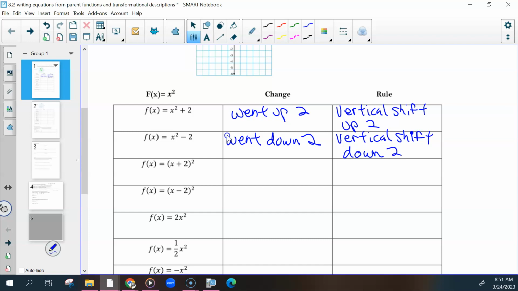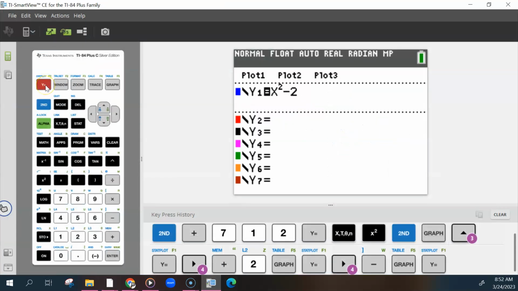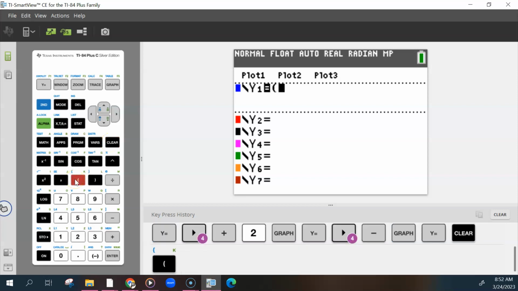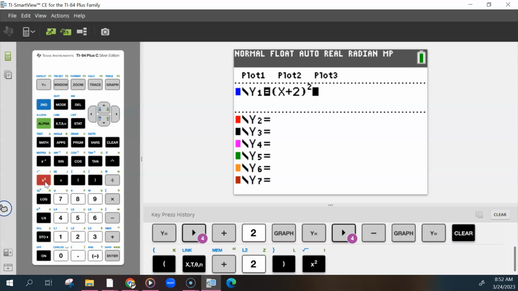Now these next 2 will look familiar from when we were talking about vertex, but let's put this next one in and see what happens. Make sure you're using your parentheses. And graph it.